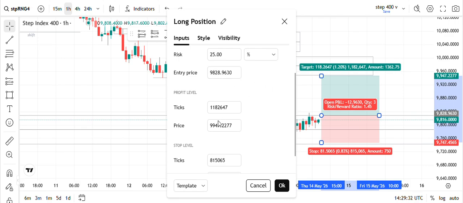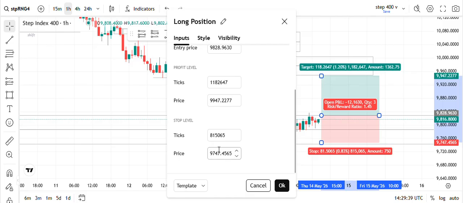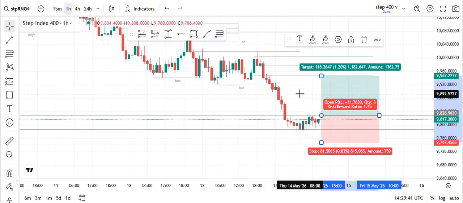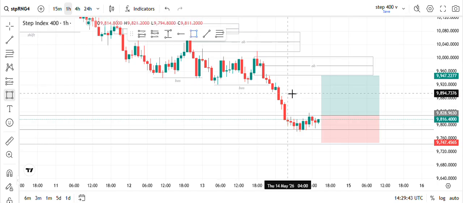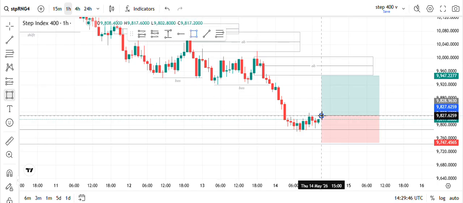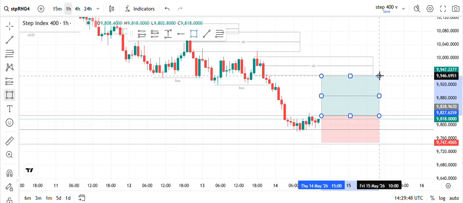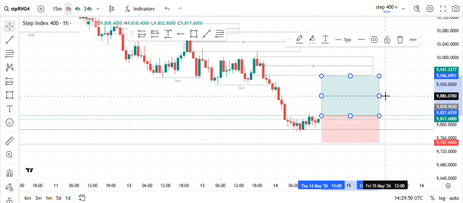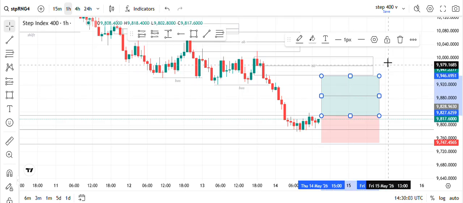This is your entry. This is your take profit. This is your SL, and then you can still go for the half of the Fibonacci. If you didn't screenshot that or you are confused on how to do that, you can still go for the half, which is around this level. You can see it's 988.7.1605. That is the half of it.